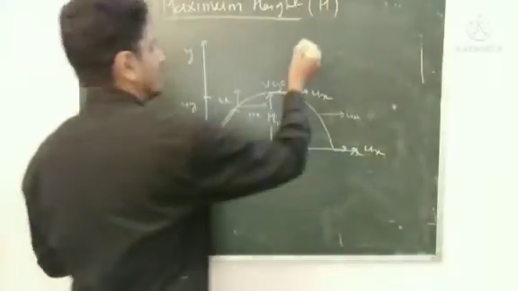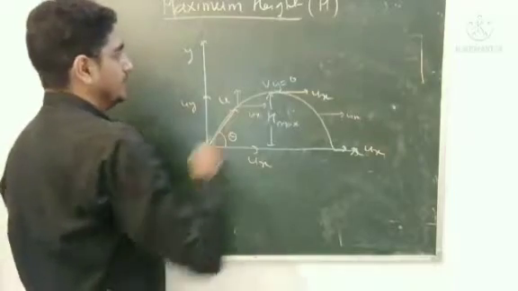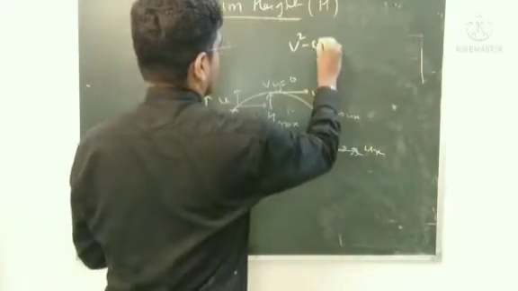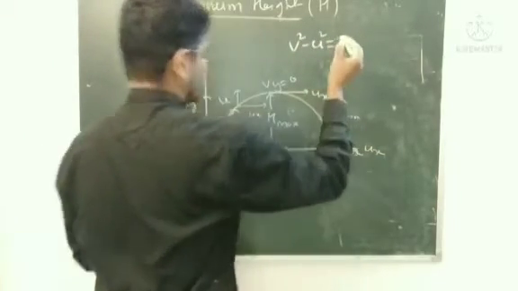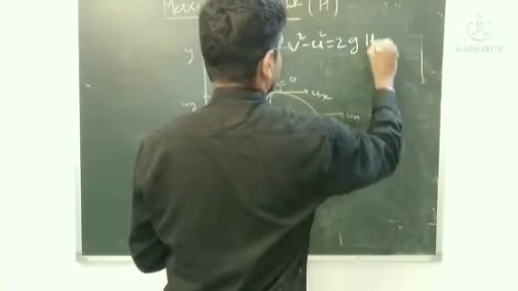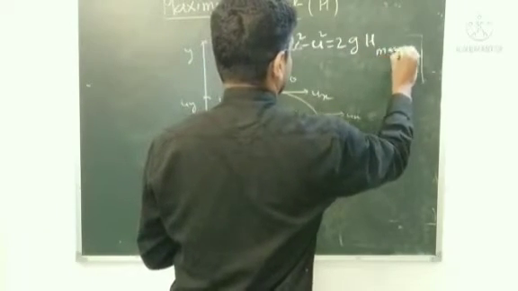Now if we try to find out the maximum height for this projectile, we can use the formula v square minus u square equals 2gh. Here h is h max.